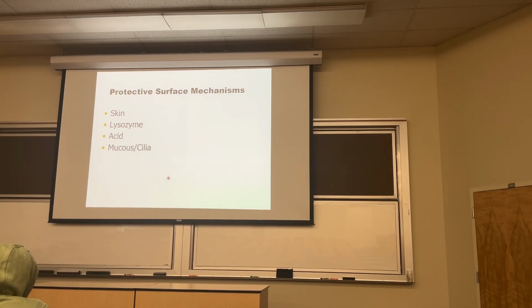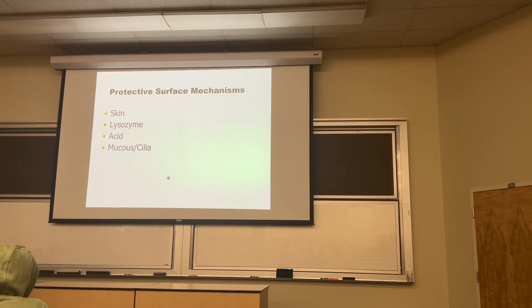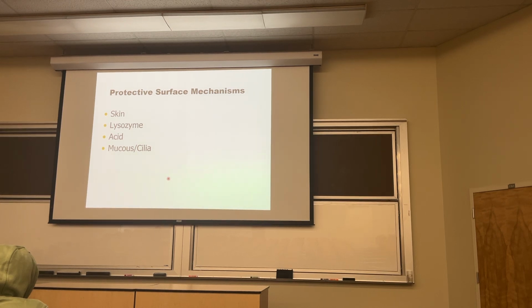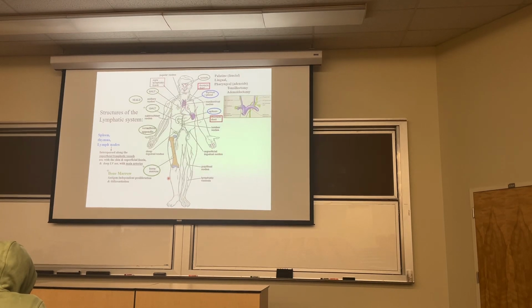In the respiratory system, we have mucus with cilia that keeps pushing dangerous pathogenic organisms away from the lungs. So these are all very helpful for us to try to protect ourselves.